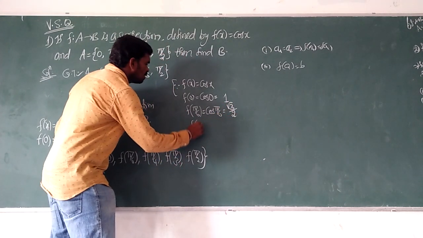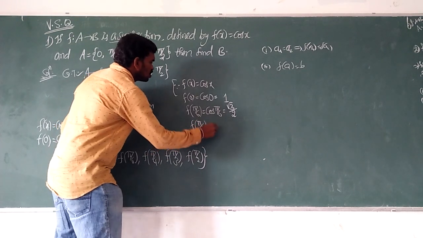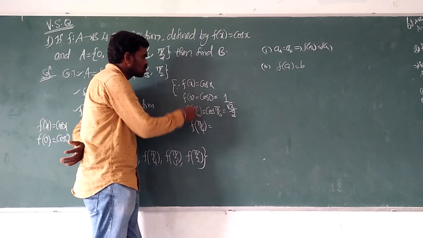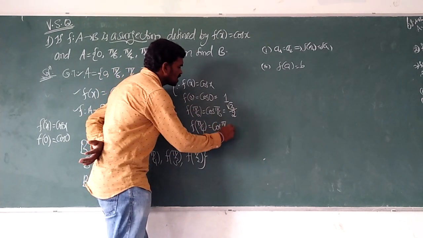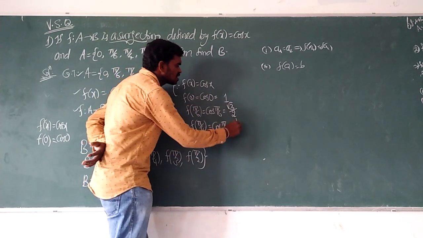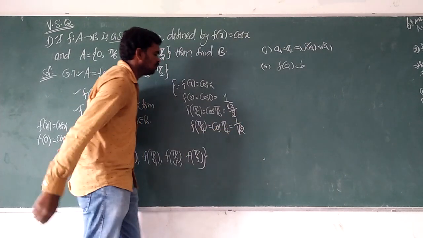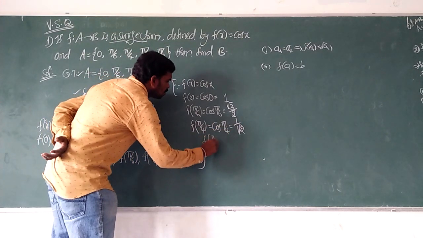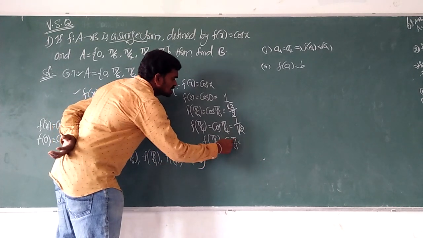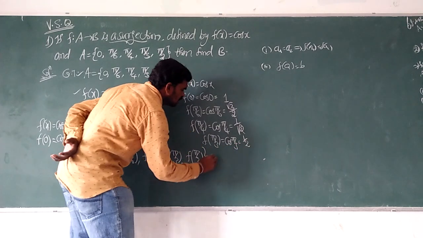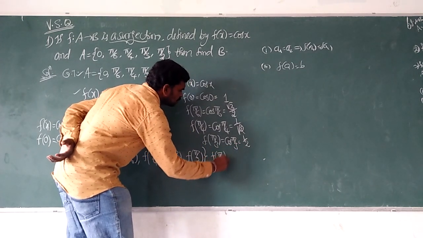Next, pi by 4. Instead of x we write pi by 4, so cos pi by 4, which means cos 45. Cos 45 value is 1 by root 2. Similarly, pi by 3: cos pi by 3 means cos 60, and cos 60 value is 1 by 2. And the final one, cos pi by 2.